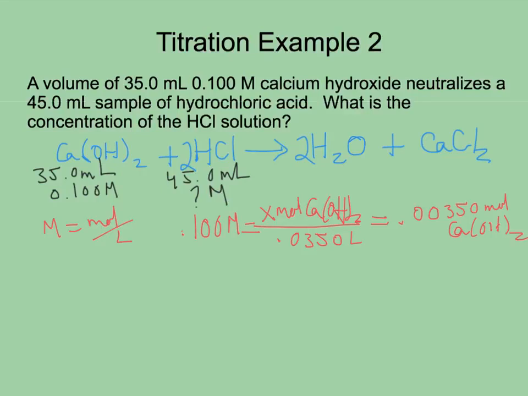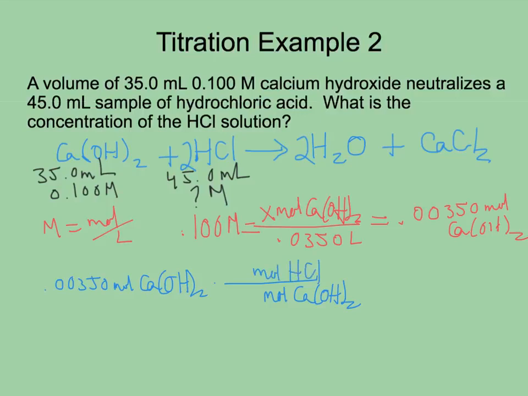My next step is to find the moles of the substance that I'm actually interested in. So that would be the HCl, since I'm trying to find its concentration. So to link between two different substances, you use moles and use the molar ratio. So I have 0.00350 moles of calcium hydroxide. So on the bottom, I'm going to put moles of calcium hydroxide. On top, I'll put moles of HCl because that's what I'm looking for.